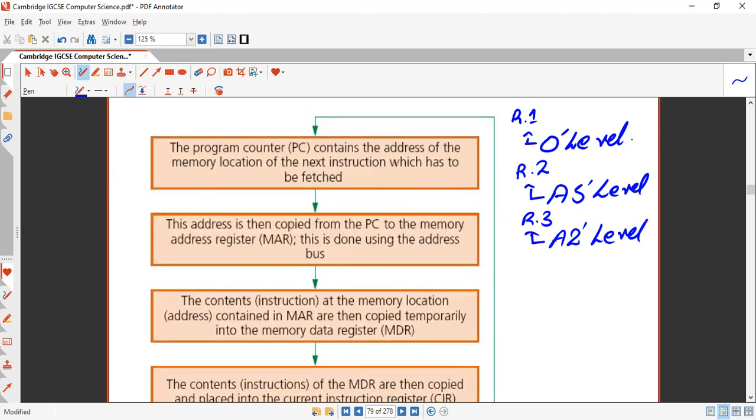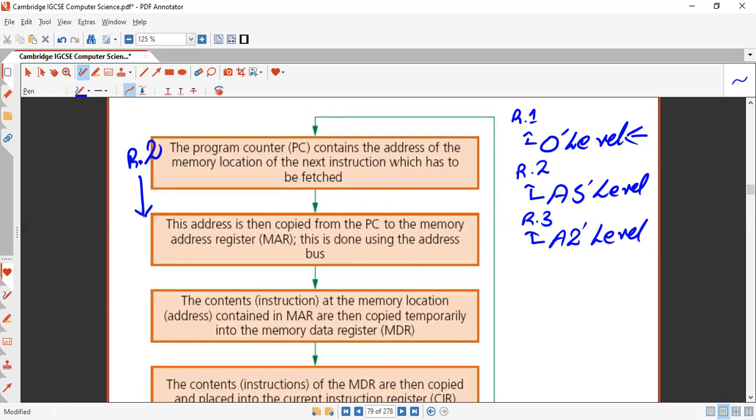Right now I was with O levels. Now after that, which class do I need to teach? AS. Very good. So the address of the AS is room number 2. So that will be in the program counter. Now, because I have now executed O levels, that means I have just taught the O levels, this address will be copied to the MAR with the help of the address bus.